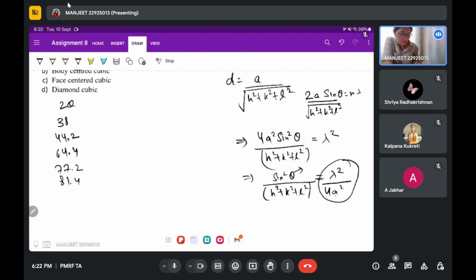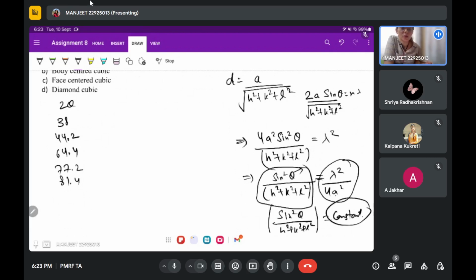Theta is varying, so corresponding to each theta we have a different hkl value. If the ratio of sine square theta to h square plus k square plus l square is the same constant, then we can know the crystal structure from the XRD.